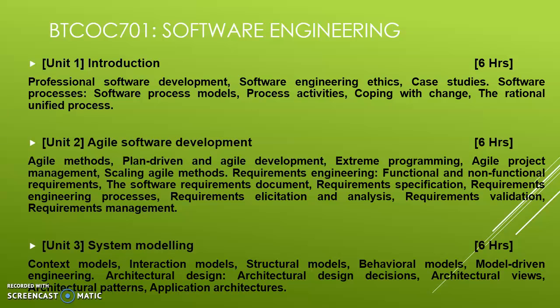Due to technological advancement and the more advanced needs and expectations of users, your software may require frequent iterations or frequent changes. To cope with these changes, there is a new methodology called agile software development.